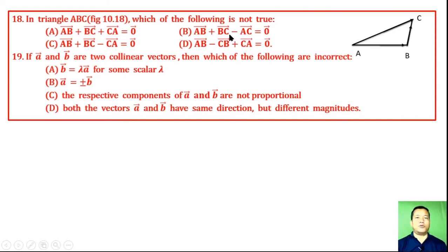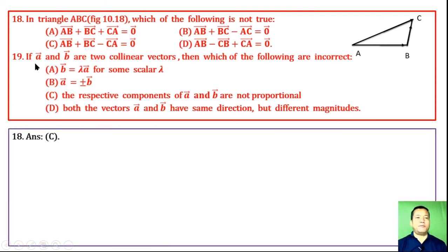In the triangle, which is not true? AB vector plus BC vector is equal to AC vector, so AC moved to the other side gives minus AC, which is correct. The first option, AB plus BC plus CA, is also zero, so it is true.